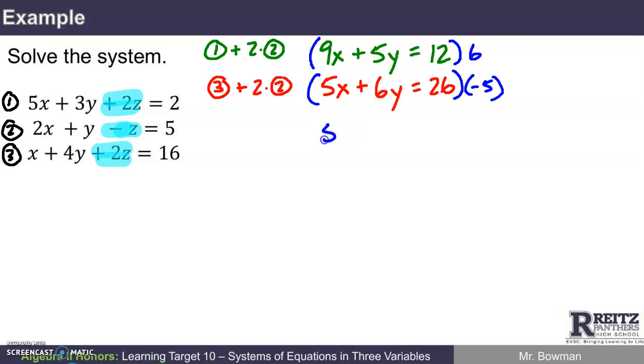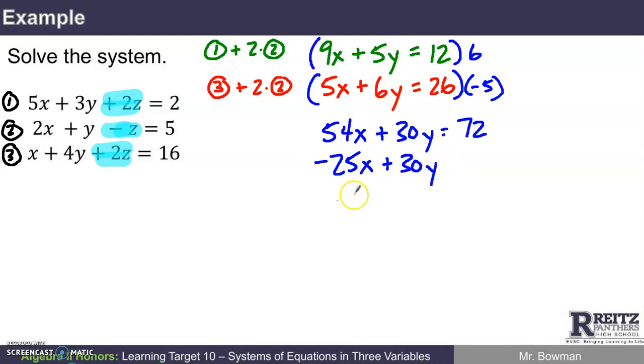So I've got 54x plus 30y equals, that's 72. And in my second equation, I've got -25x plus 30y. Oh, no, I'm sorry, minus 30y. And 26 times -5 would be -130.